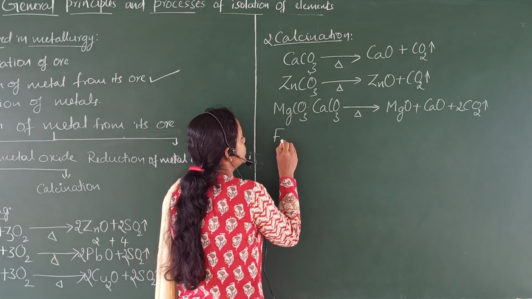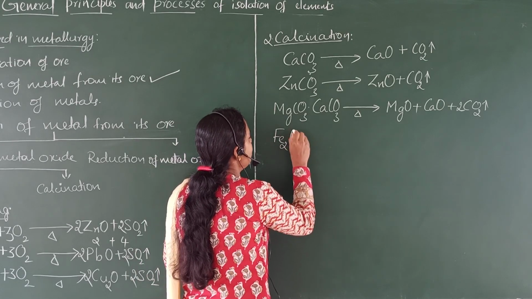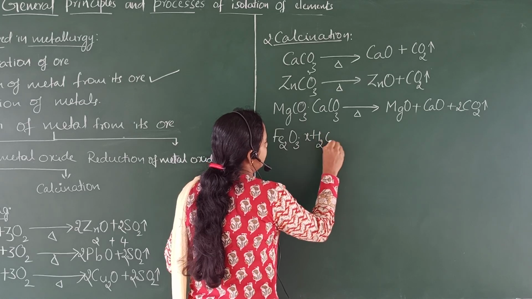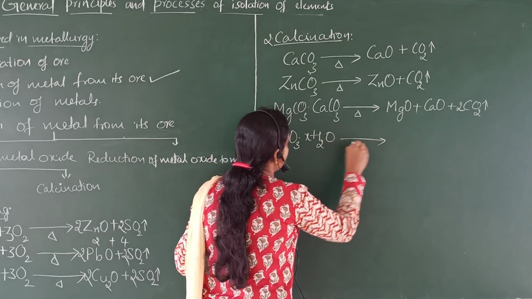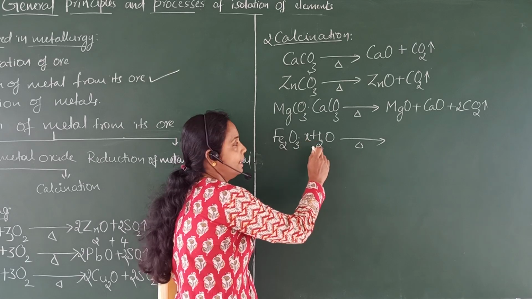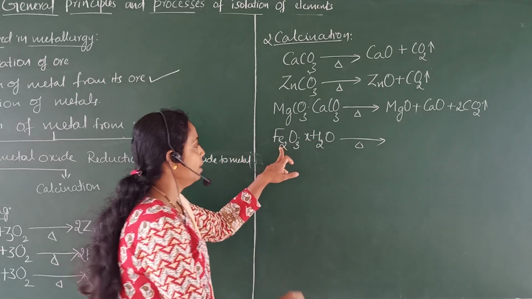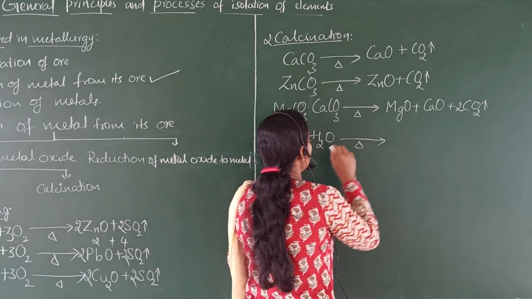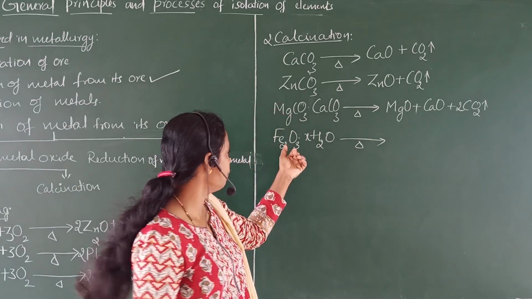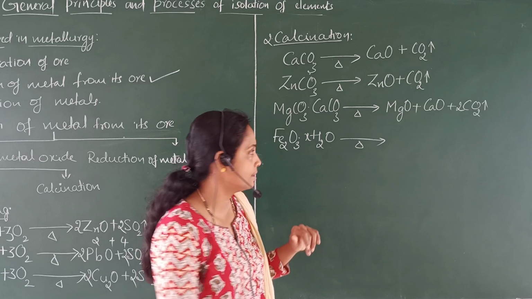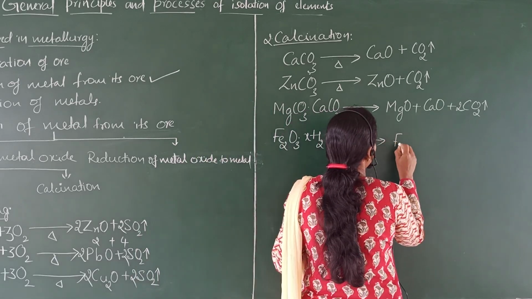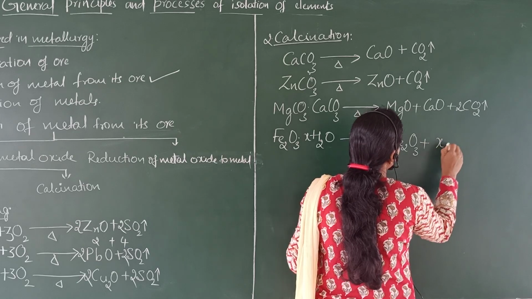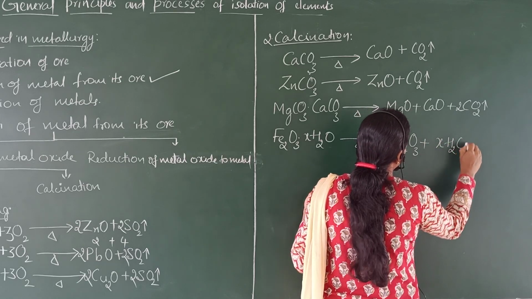Hydrated ores are also calcined. The example is hydrated ferric oxide. The composition is Fe2O3·xH2O. When we heat this hydrated ferric oxide, dehydration of x molecules of water from ferric oxide takes place and we will get anhydrous ferric oxide and x molecules of water.